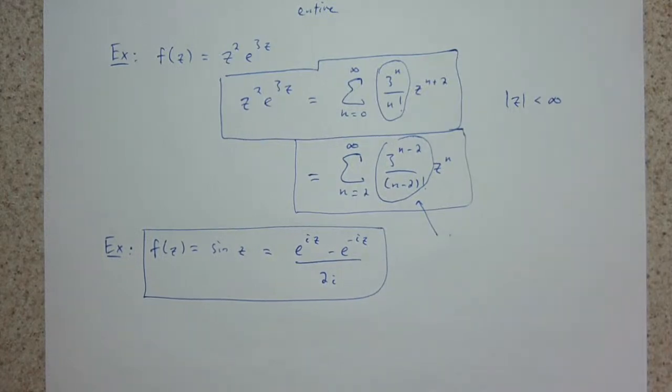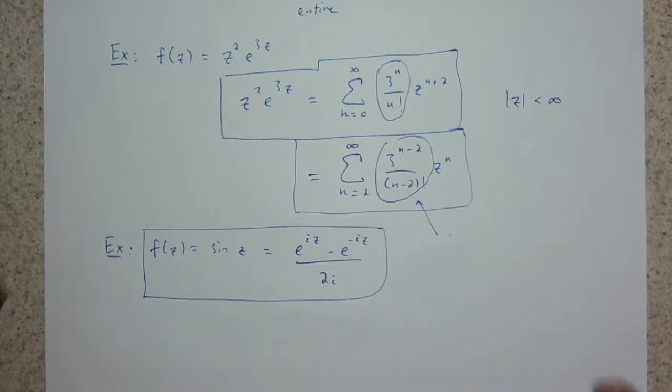Okay. So I want to find the Maclaurin series for this thing. But in order to do this, rather than actually computing here, I'm going to do this from my Maclaurin series expansion for e to the z.